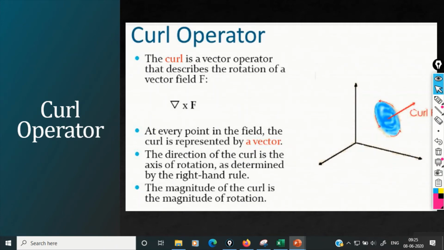The direction of the curl is the axis of rotation. It is determined by the right hand rule. The magnitude of the curl is the magnitude of the rotation.